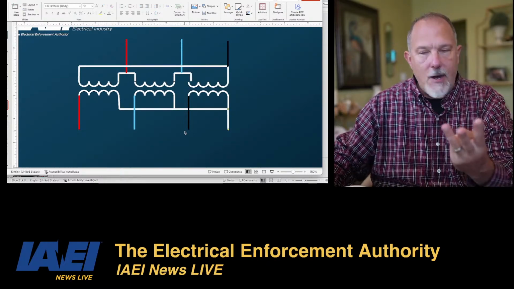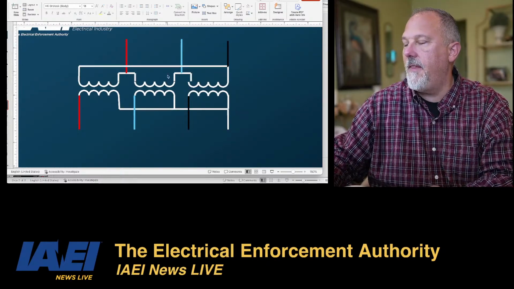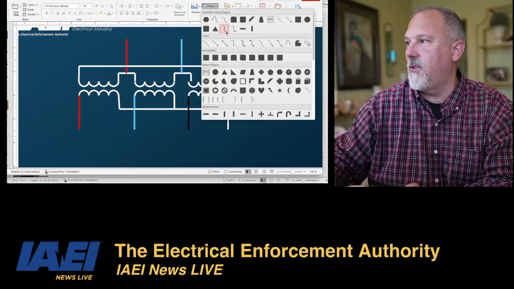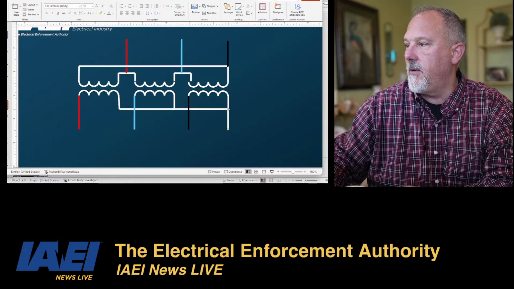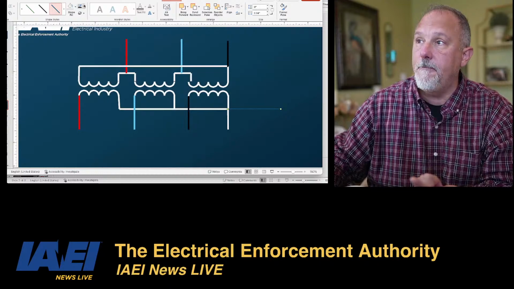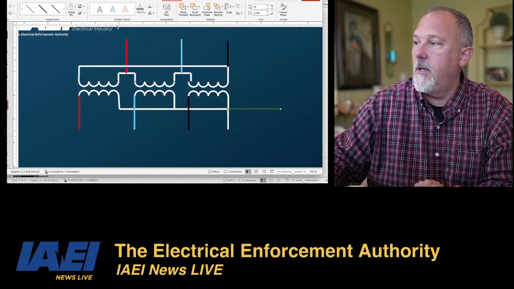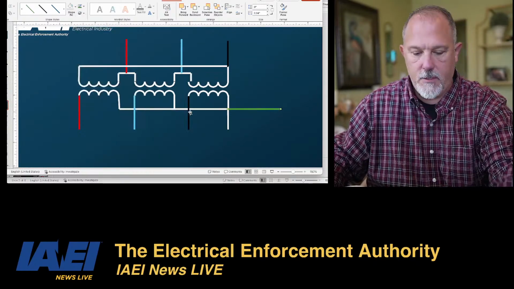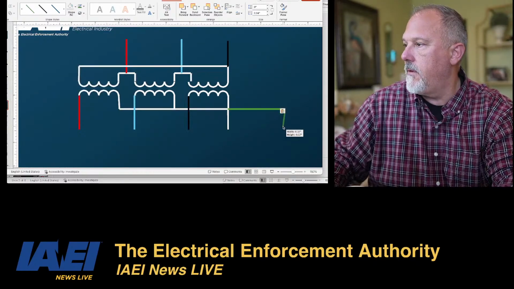So I've got 3 hots, I've got a neutral, and then we have to bond this, right? So we would come out, and I'm just going to draw this. I'm going to make it green. And this would be my ground.